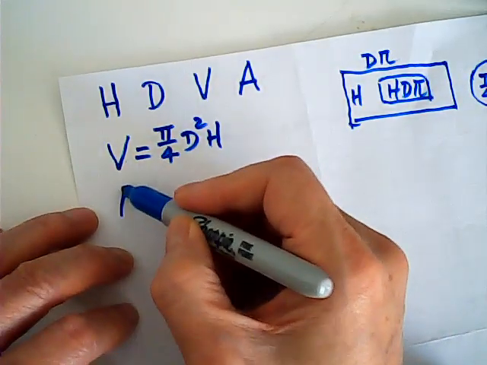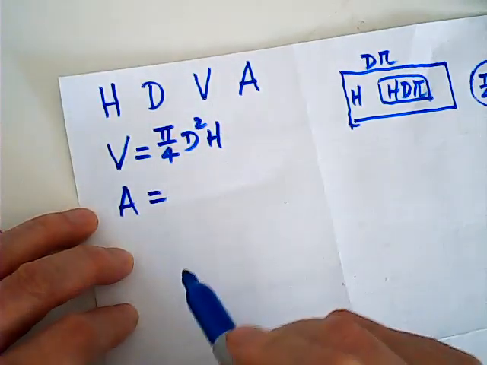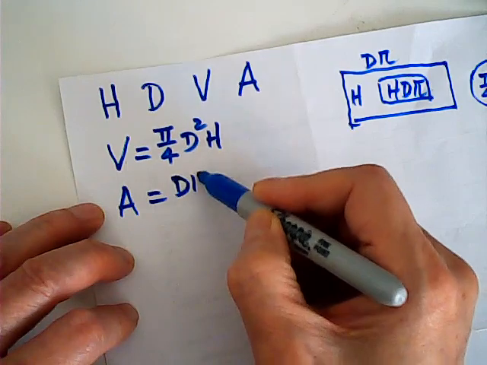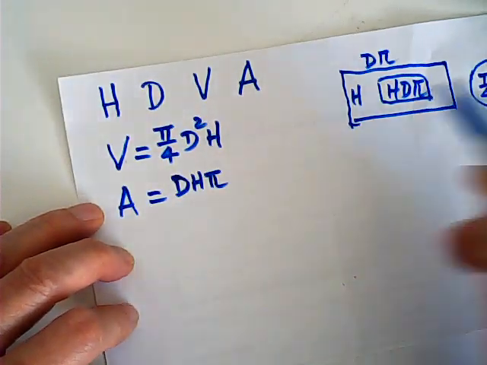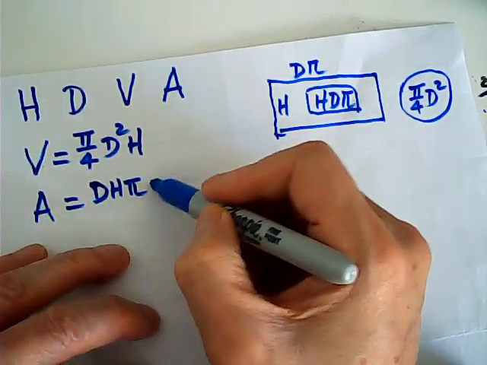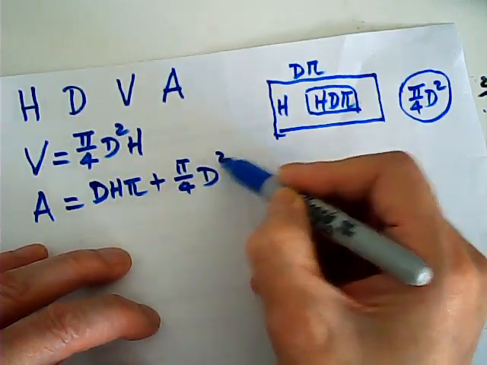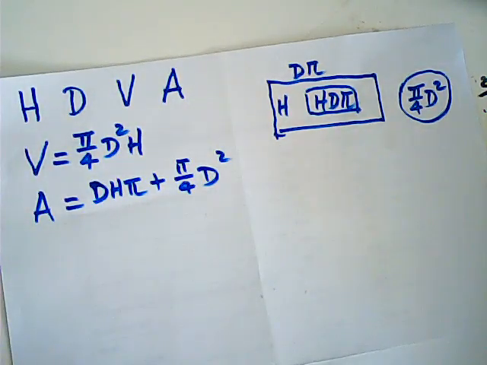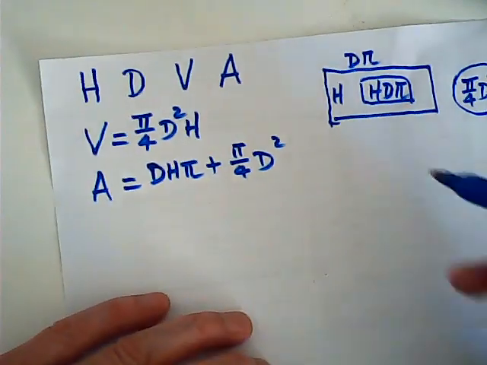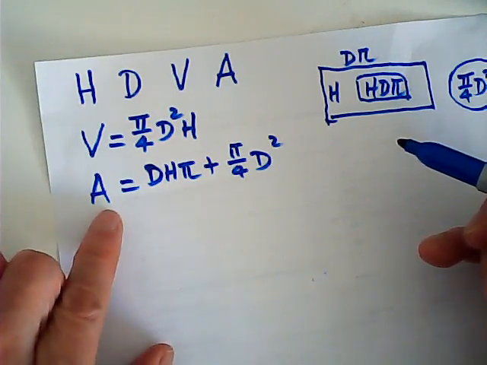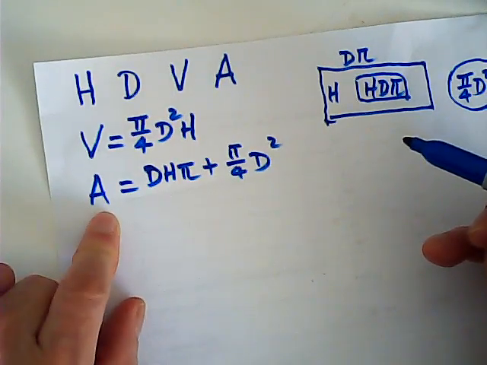The total amount of area will be equal to d h pi, that is this one, plus quarter pi d square. Now, since we want to have a minimum amount of area, we want to minimize this function.